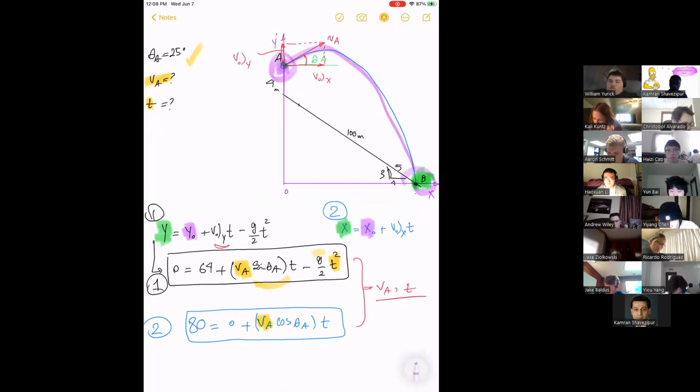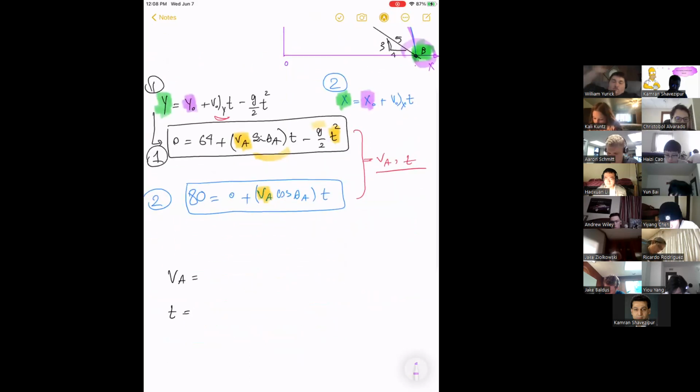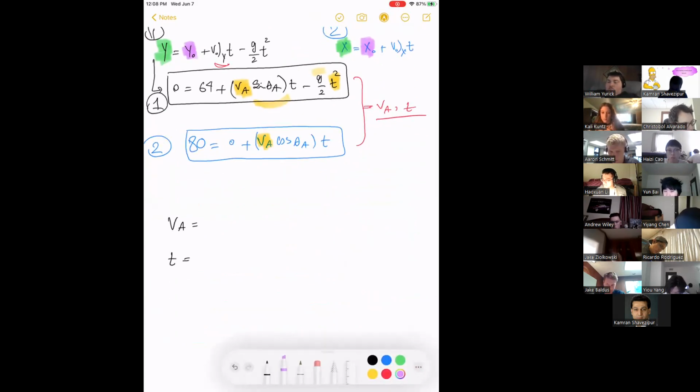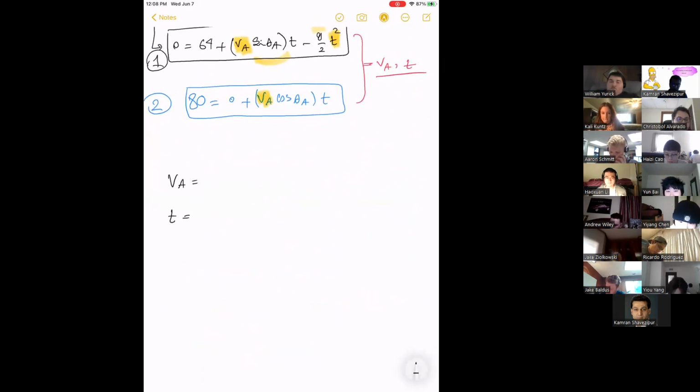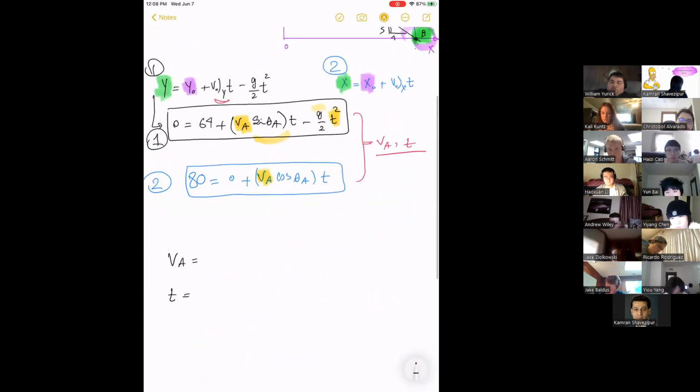So anyone got any number for this? I'm not going to spend too much time. You can calculate it later. Let me just give you the numbers. Technically what you can do is this. You can calculate T from here.